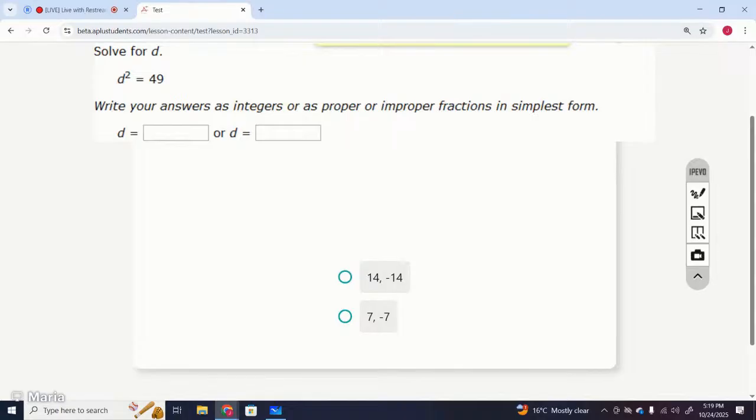Solve for d. D square equals 49. That is 7 and negative 7. Option 2 is the correct option.